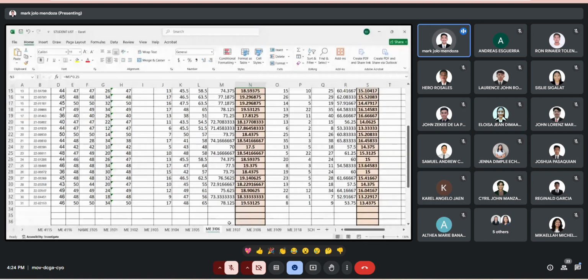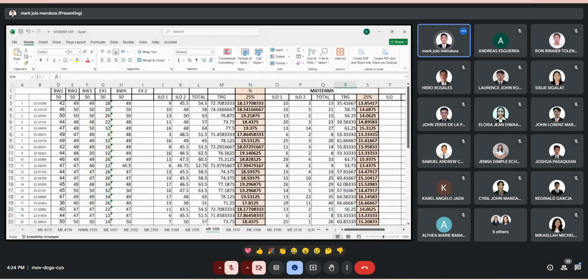Siyempre depende pa rin yun sa output niyo dun. Pero imagine niyo yung 88%, that is, already 21% no 25. So, malaki na yung hatak yun.